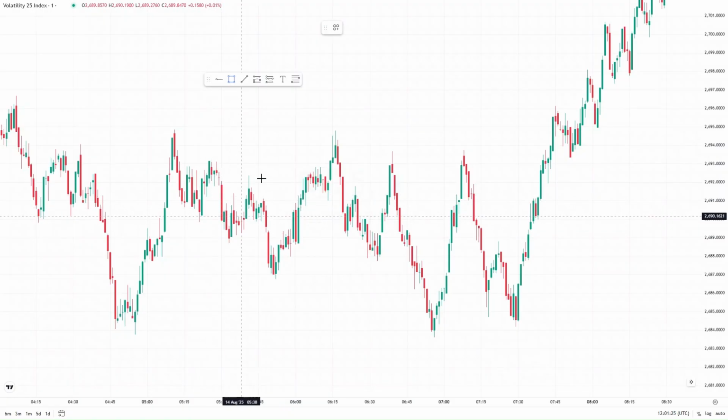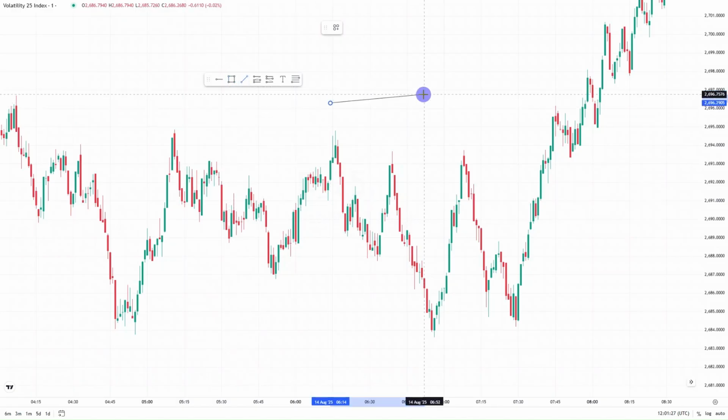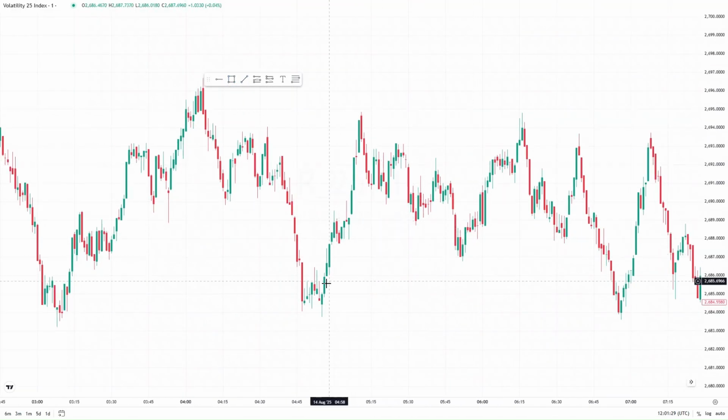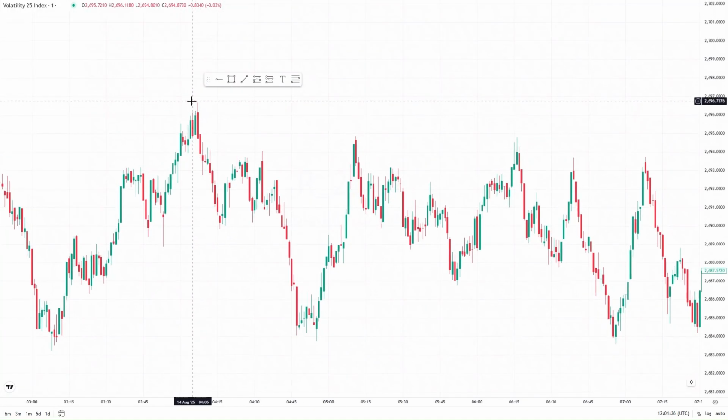So the first thing that I see before even drawing any lines is the price dropped. Price dropped from this zone right here, this price right here, which is 2,696. Price started to drop after reaching this price.